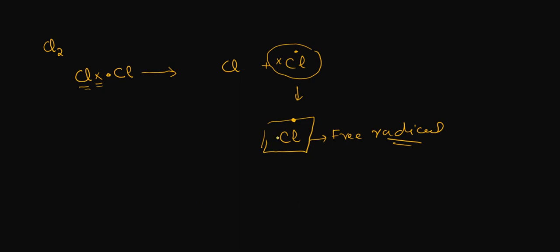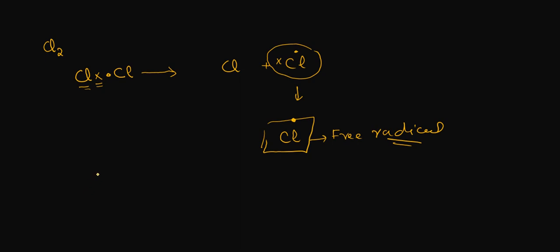Free radicals are highly reactive species. When they react with any other compound or molecule, a chain of reaction starts, and this chain never stops until it substitutes all the other atoms in the compound.